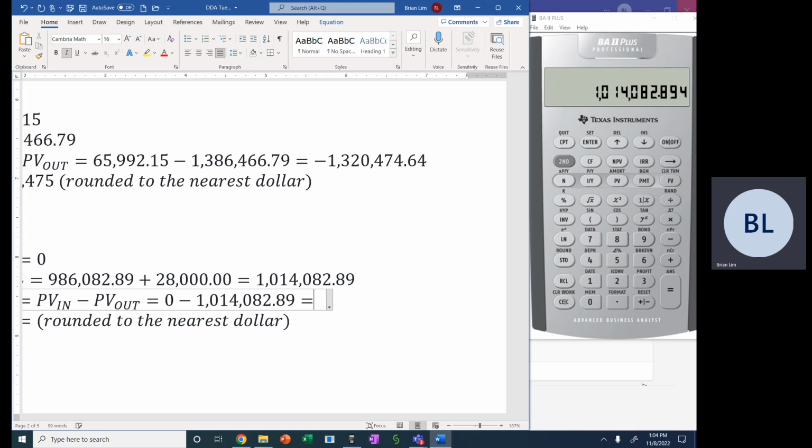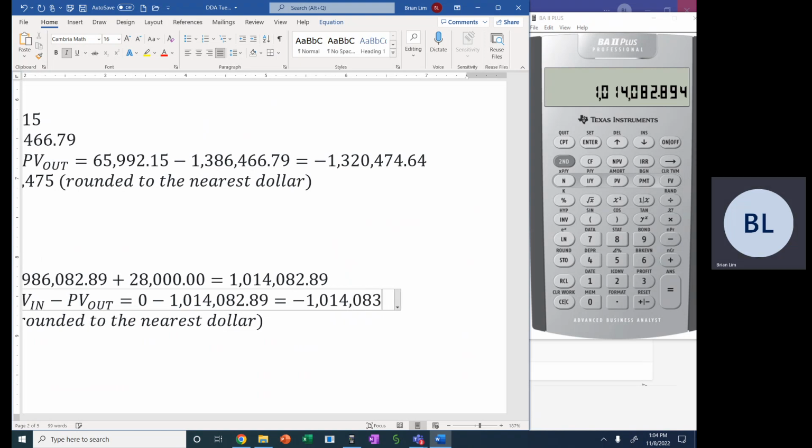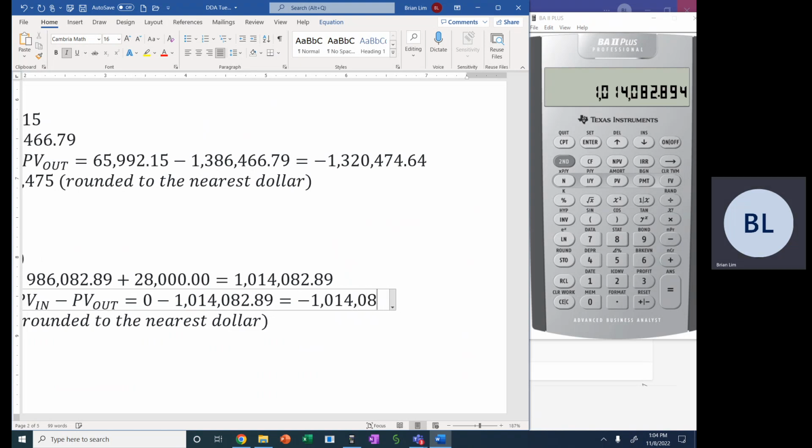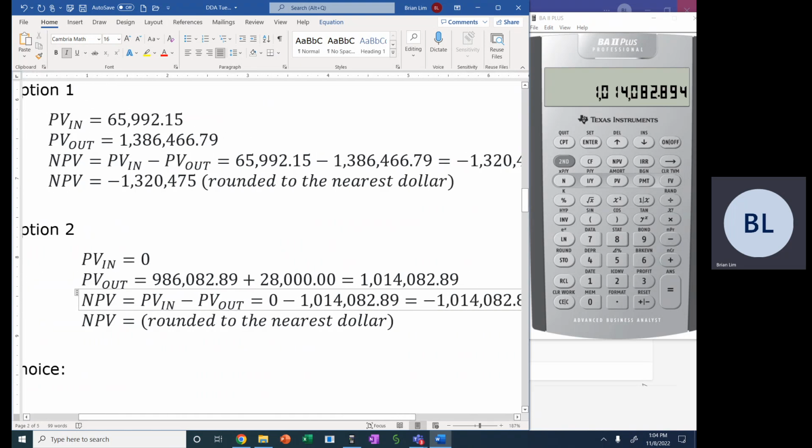And that would give us a negative $1,014,083. All right, well, we can put 02.89 there, and then in the next line, we can take care of the rounding, $83, rounded to the nearest dollar.